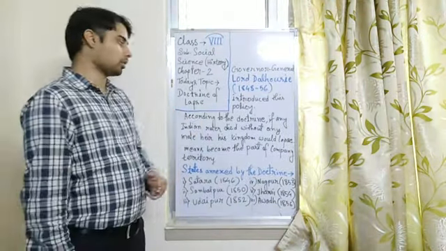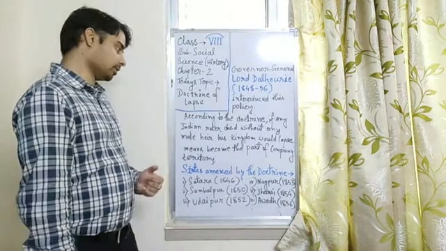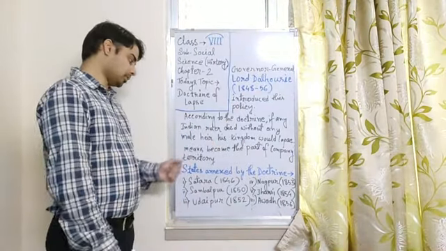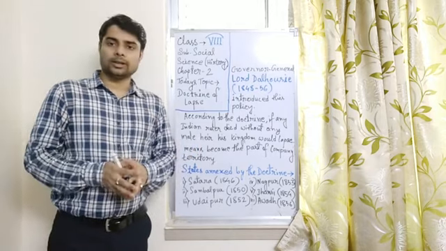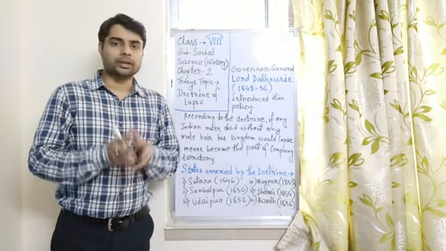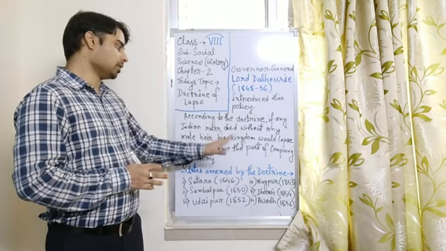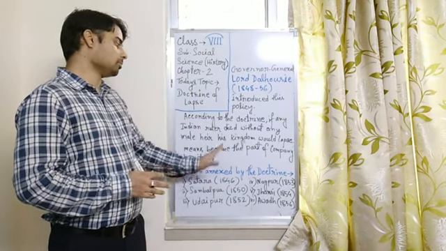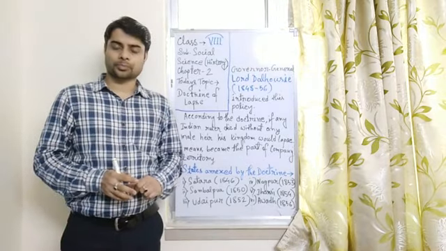According to the doctrine, if any Indian ruler died without any male heir, his kingdom would lapse. Male heir means if the Indian ruler died without any son, the kingdom would lapse, that is, the kingdom became part of the company's territory.